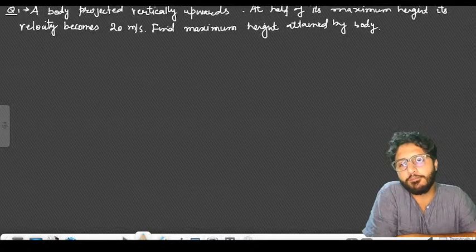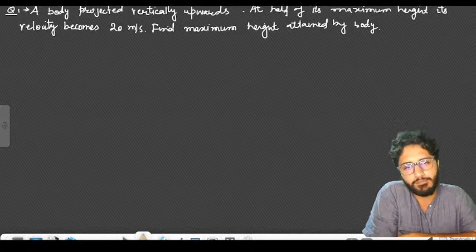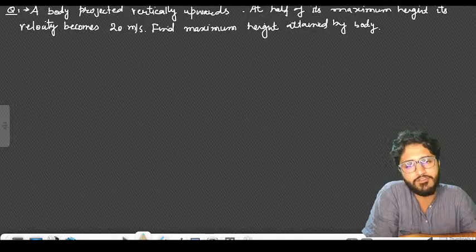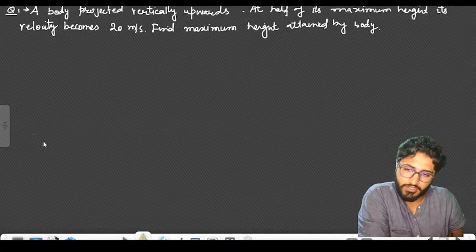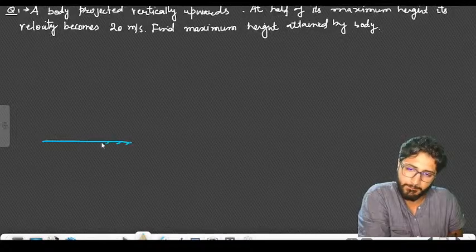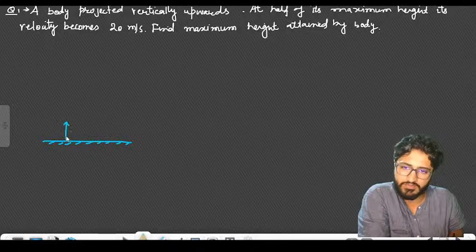A body is projected vertically upwards. At half of its maximum height, its velocity becomes 20 meter per second. Find the maximum height. So that means we projected a body with velocity, we don't know u.